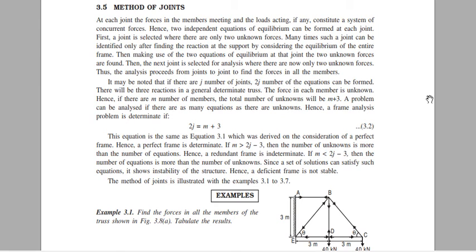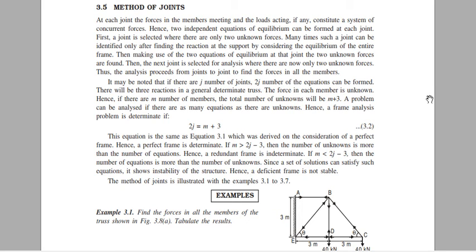A problem can be analyzed if there are as many equations as there are unknowns. Hence, a frame analysis problem is determinate if 2j equals m plus 3 (3.2). This equation is the same as equation 3.1, which was derived on the consideration of a perfect frame. Hence, a perfect frame is determinate.